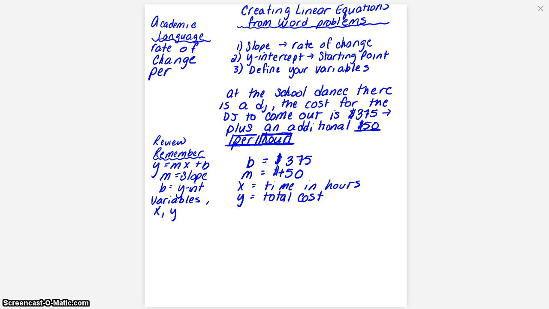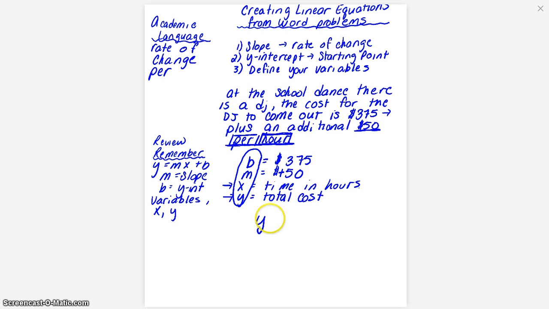So when we write our equation, we have all 4 of the pieces right here. And like I said, Y and X stay the same because there's an infinite amount of those. You could have an infinite amount of hours, in which case you have an infinite total cost.